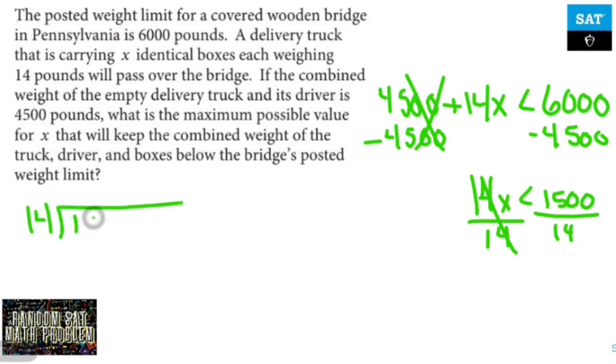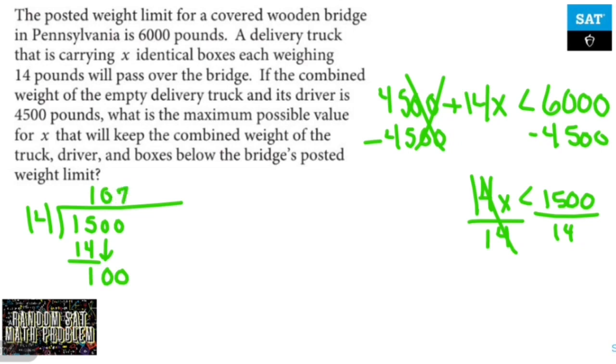So 14 goes into 1,500. We're going to start out by saying 1. 1 times 14 is 14. Subtract, you get 1, bring down the 10. 14 doesn't go into 10 at all, so we'll put the 0 there. But 14 goes into 100 7 times.